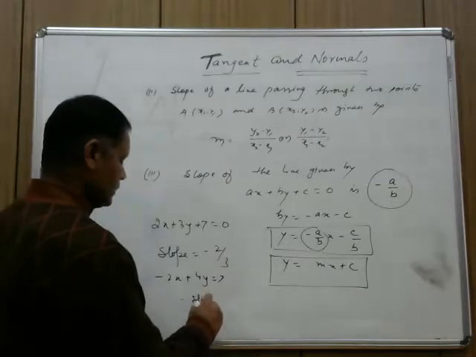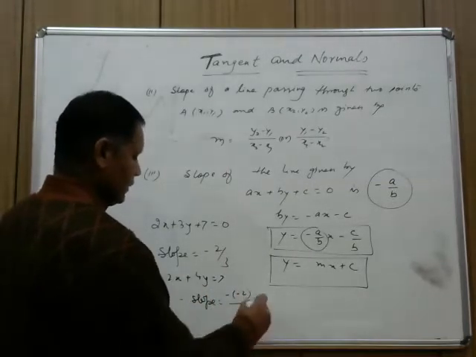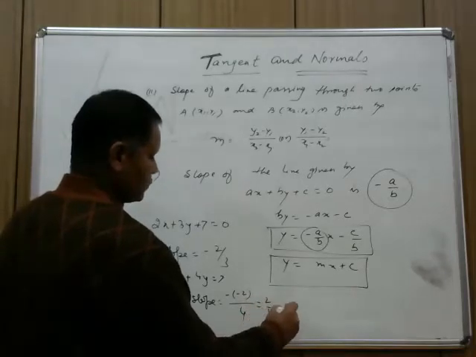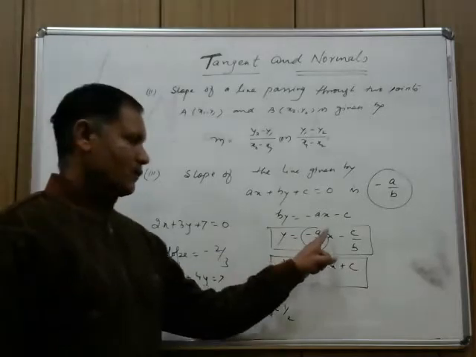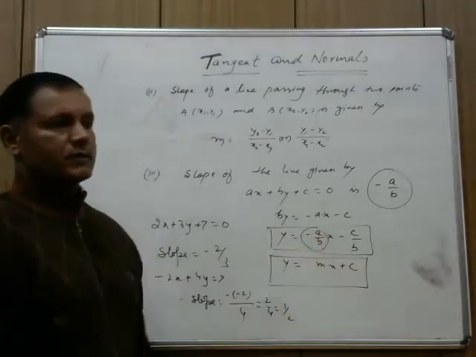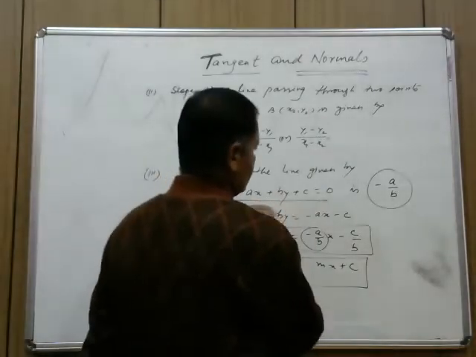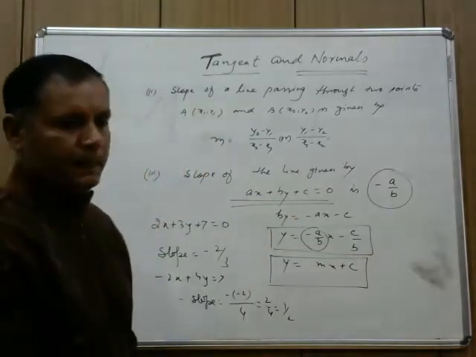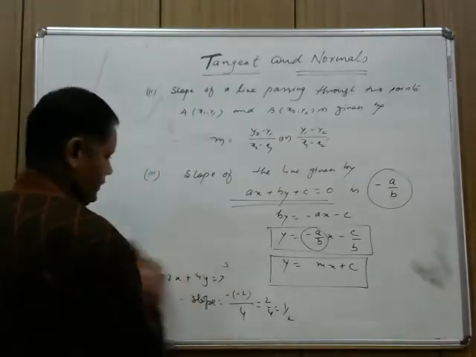Then the slope will be minus of minus 2 upon 4, that means 2 upon 4, that is equal to 1 upon 2, right? Minus coefficient of x upon coefficient of y, if the equation is given in this form, ax plus by plus c equal to 0, right? Now we'll discuss the next point.